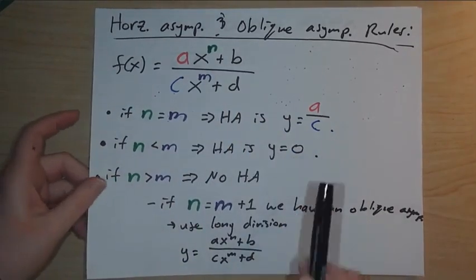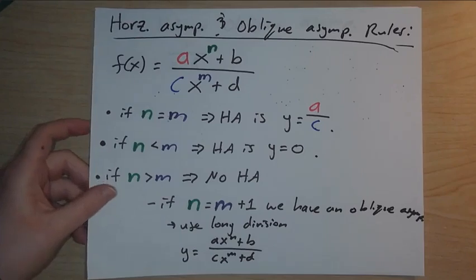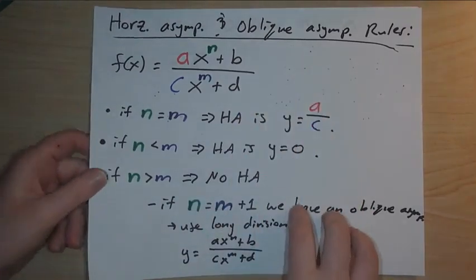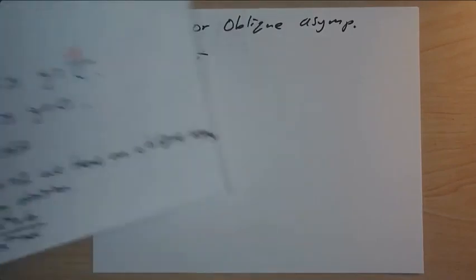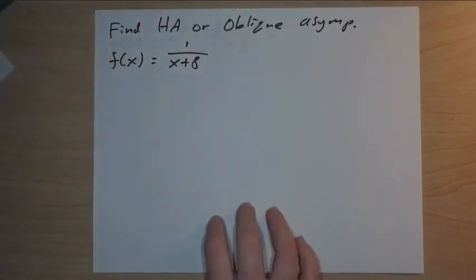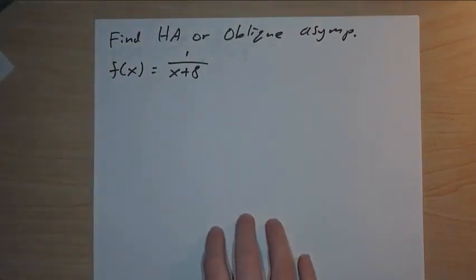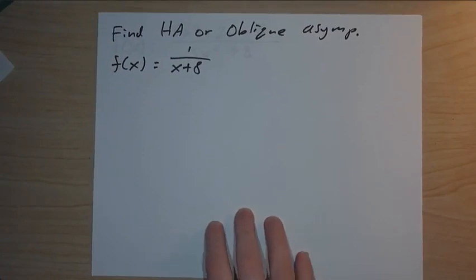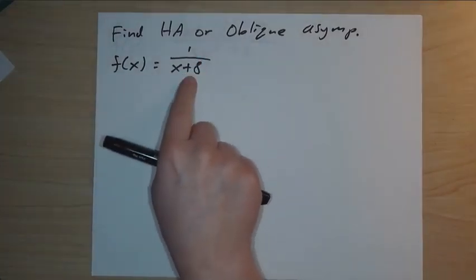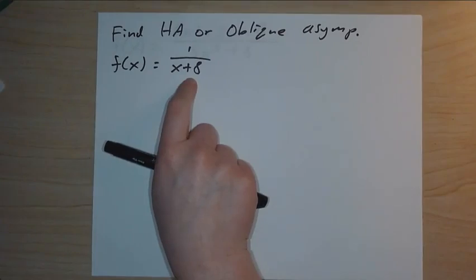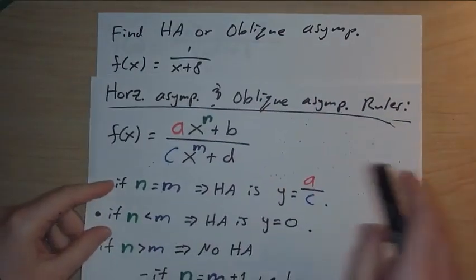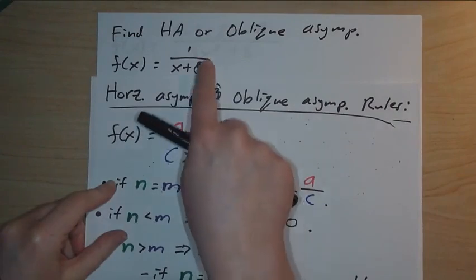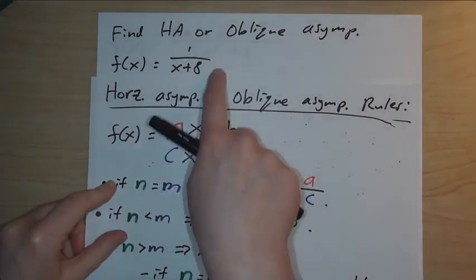So we're going to do some nifty examples to make this make more sense, hopefully. We're going to find the horizontal or oblique asymptote of this function, f of x is equal to 1 over x plus 8. What we need to do first is figure out what n and m are, the degree of our numerator and the degree of our denominator.